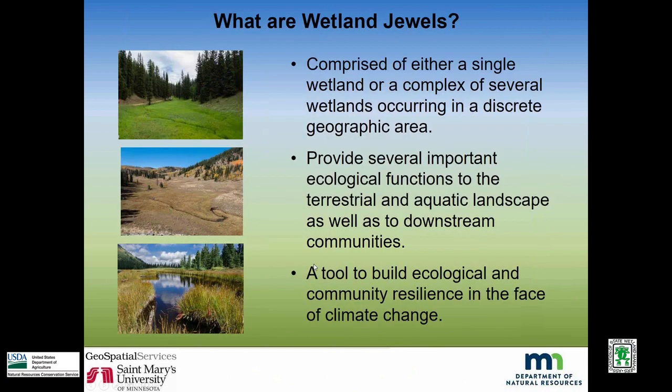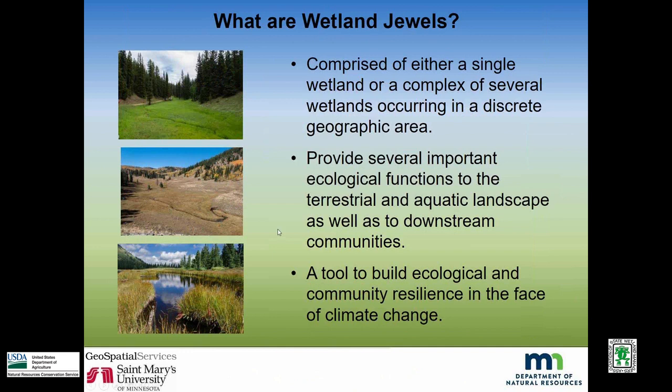The Wetland Jewels process in New Mexico relied on identifying individual wetlands and wetland complexes that were of high value for an area of national forest, the Carson National Forest, which is in the north central portion of New Mexico, and identifying why those were important, and building consensus around a stakeholder community to take action on their preservation.